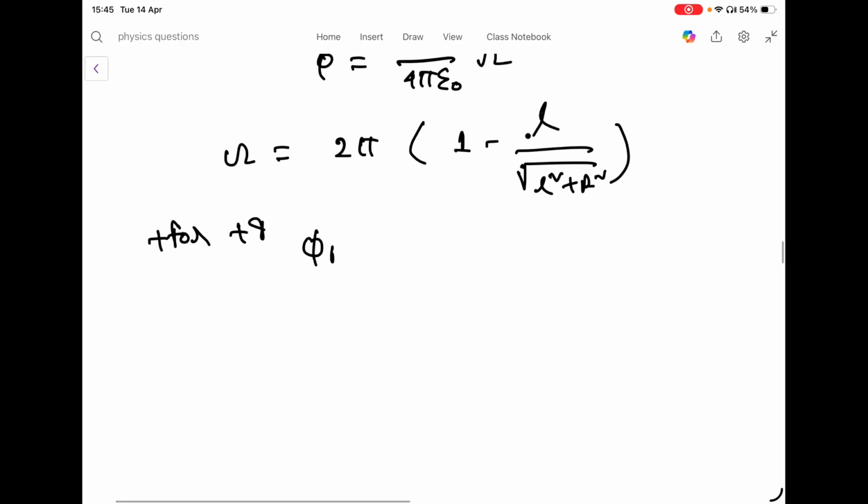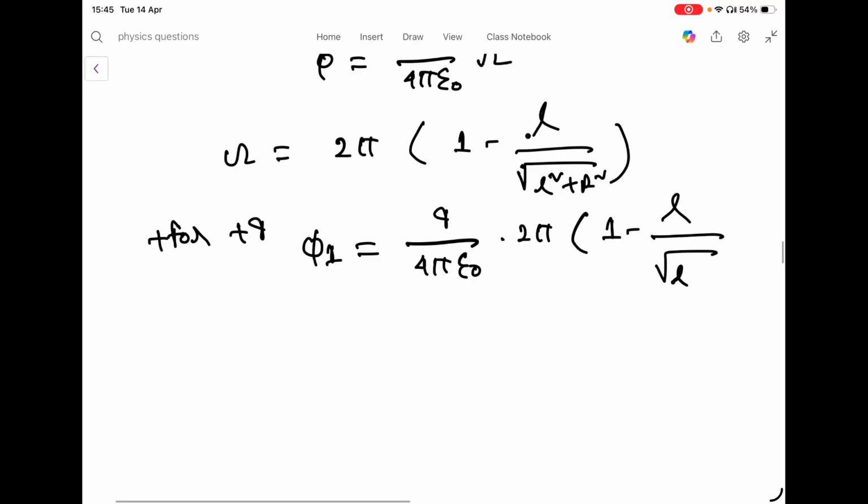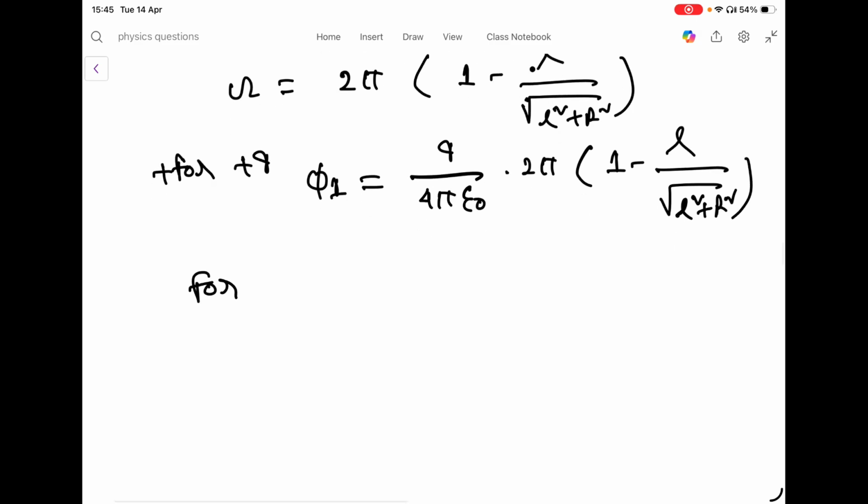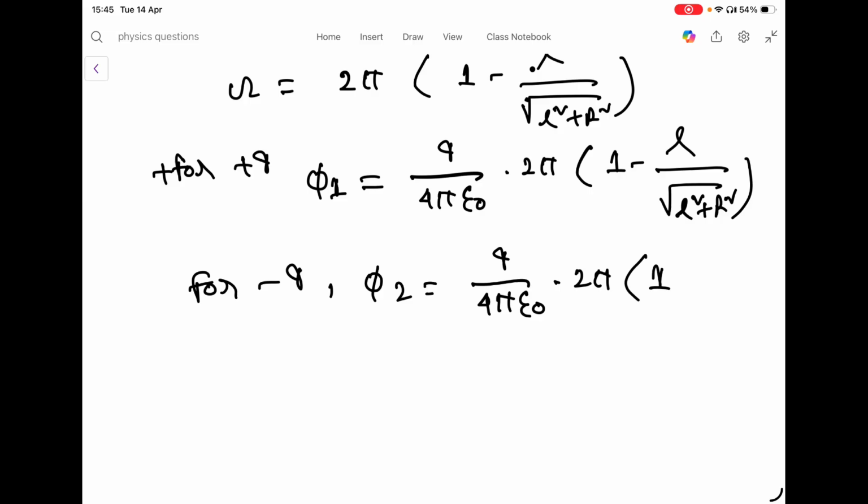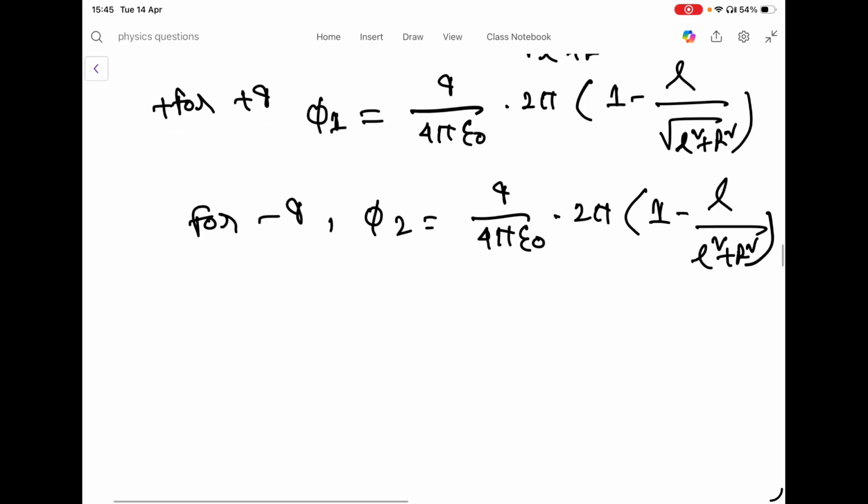So for the plus q charge, what will be phi 1? Phi 1 becomes 1 by 4 pi epsilon naught into 2 pi into 1 minus L by root under L square plus R square. And for minus q, what will be phi 2? It will become 1 by 4 pi epsilon naught into 2 pi into 1 minus L by root under L square plus R square. And for total flux, you just add the two.